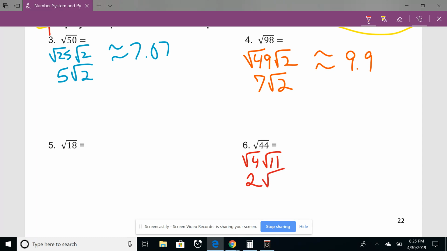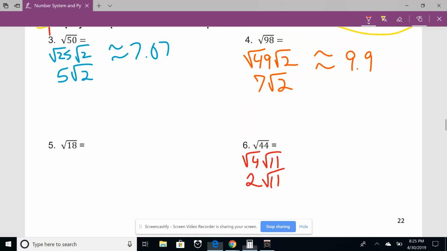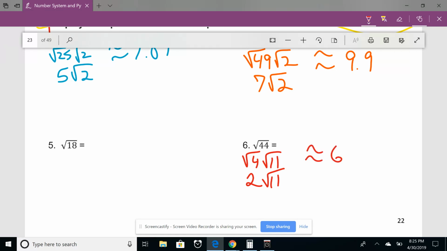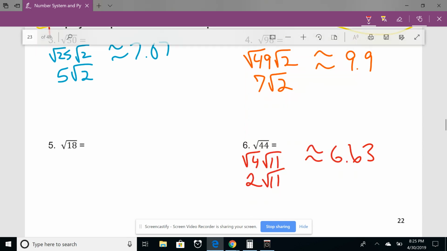Square root of 11 can't simplify. So we leave it 2 square root 11. The square root of 44 is about 6.63. And 2 times the square root of 11 is about 6.63.